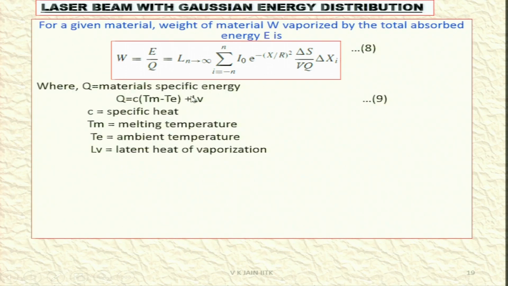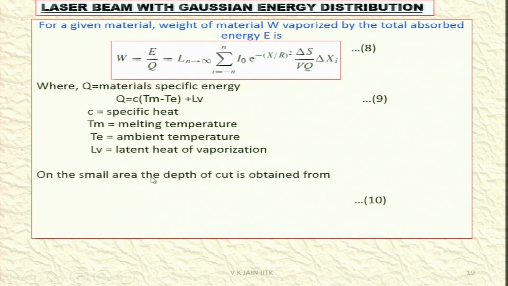Q is the material specific energy required, that is Q is equal to C into (Tm minus Te) plus Lv, where C is the specific heat of the workpiece material being machined, Tm is the melting temperature, Te is the ambient temperature where it is working, and Lv is the latent heat of vaporization.